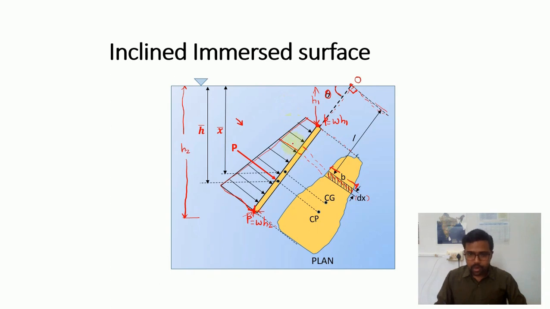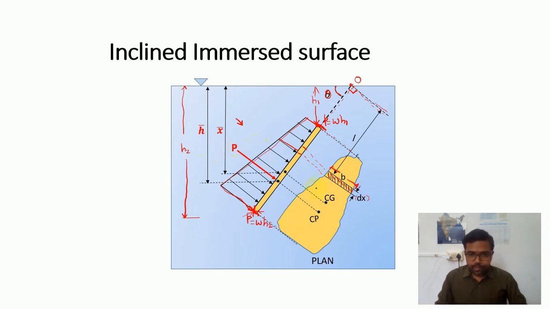Once we get the pressure on this elemental strip, we have to do the summation, that is, integration over the entire depth from this point to this point. Once we do the integration, we get the total pressure force acting on the surface. So now we will see that procedure.